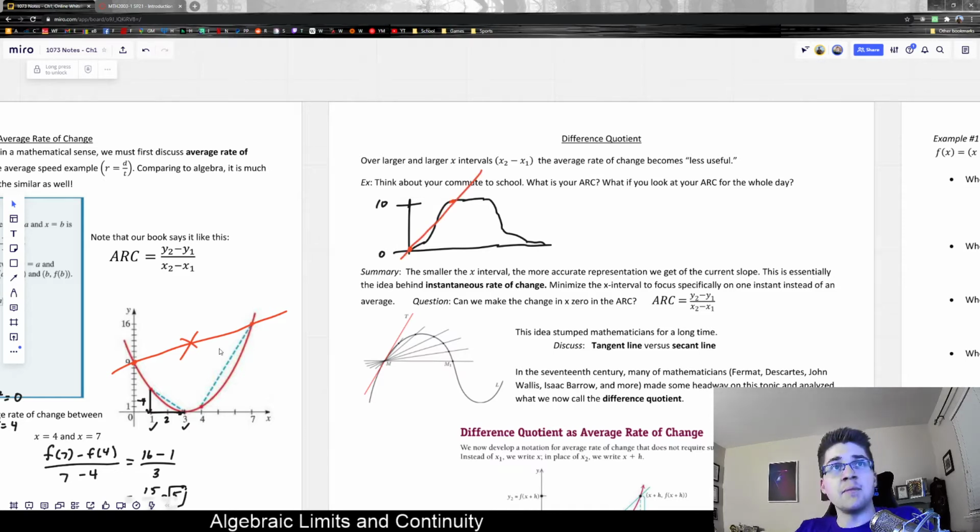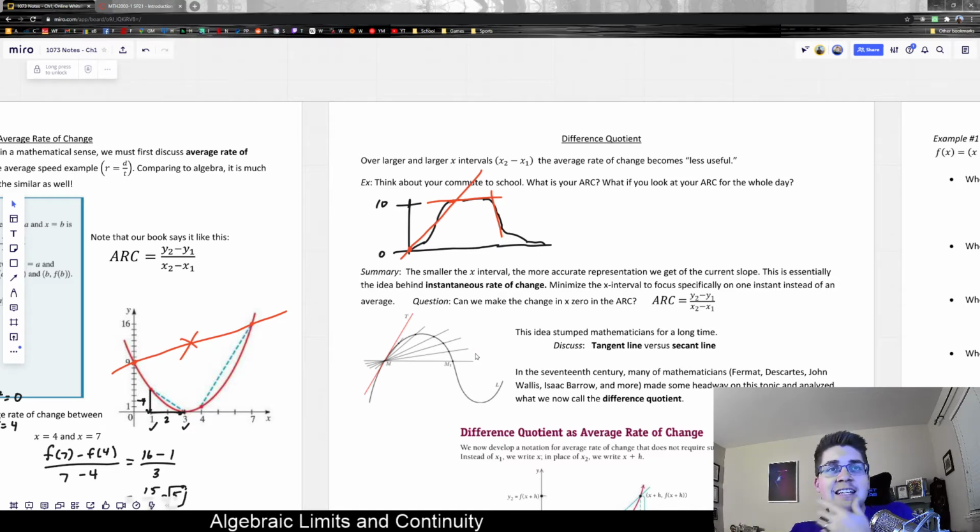I can draw a straight line maybe, but it's less accurate and less meaningful. If I focus on a smaller window, it will be a more accurate estimation of what's happening at that point in time. And when I'm at school, my average rate of speed is 0 because I'm not driving. I'm in class. Then when I'm going home, I could take averages on different intervals. So I'm expressing how you can think about looking at different intervals and different slopes as a way of finding my average rate of speed at a particular point in time.